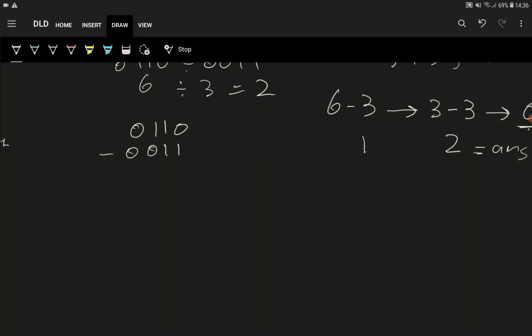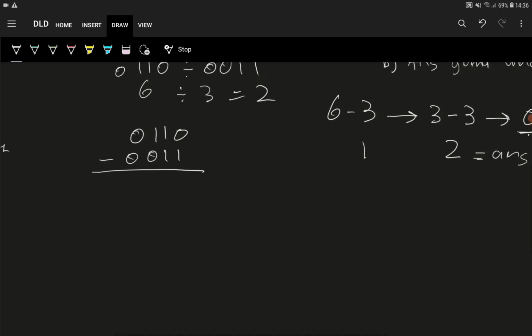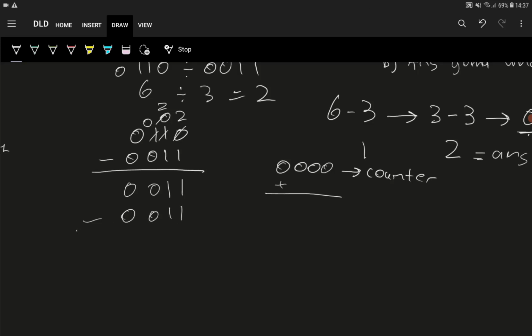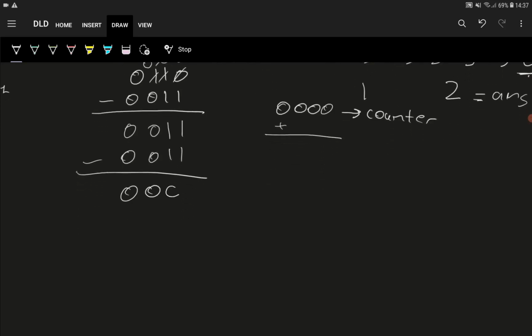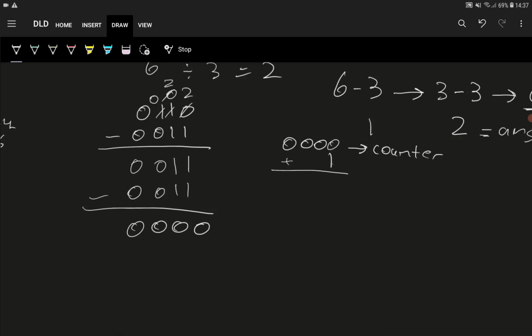Using that same logic, sorry, a little sick, we're just going to subtract 3 from 6 again and again till we get 0. And we're going to keep a counter, which is going to be our answer. This is our counter. And we're going to keep on adding 1 in binary to this counter. We subtracted once, so we add 1 to the counter.